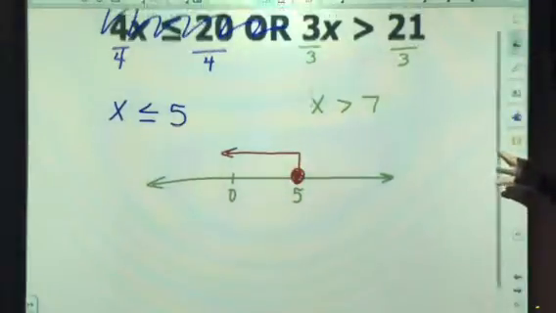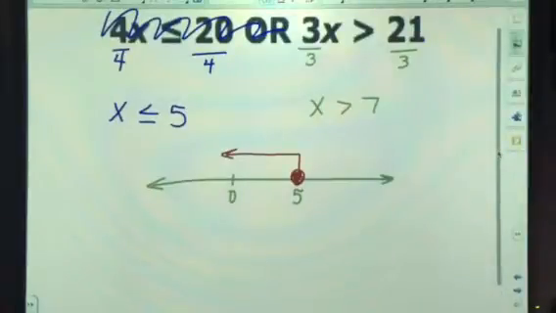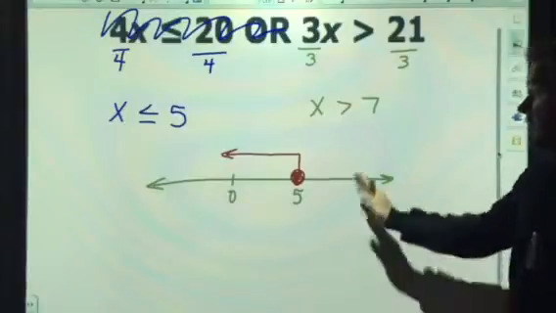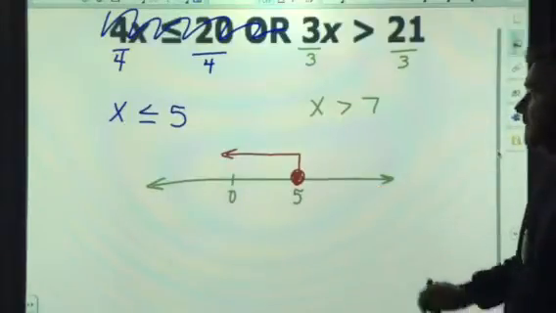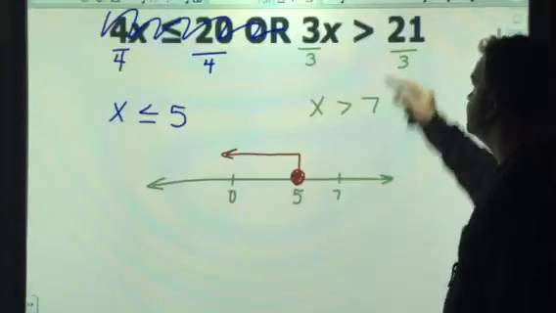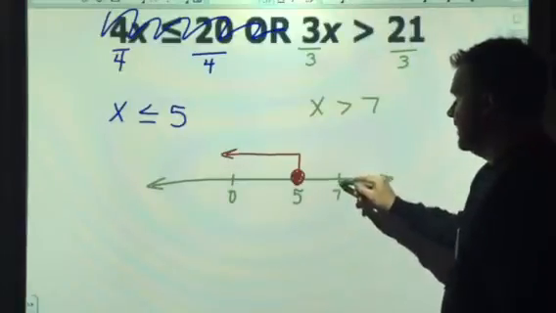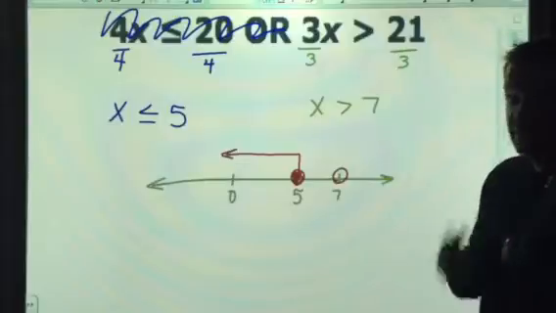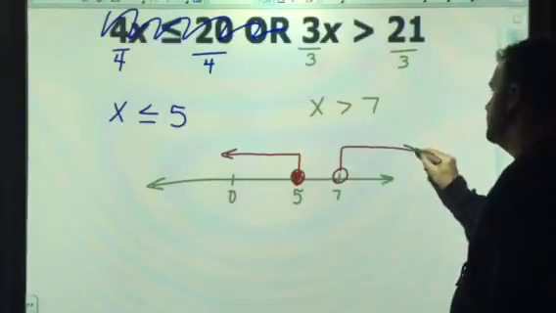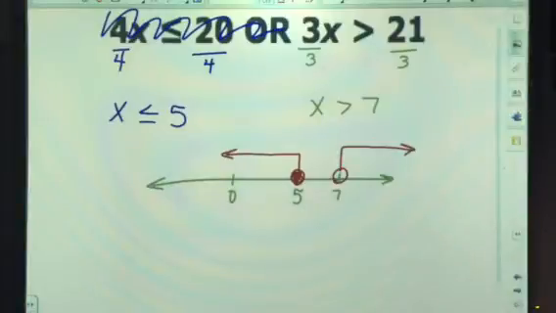Because this is an or statement, you should already be saying in your head, hey, it's an or statement, so the arrow for the next one is going to go away from that spot. My 7 is about here. Something is happening around 7. It's an open circle, and the arrow is going to go to the right. There's our or statement.